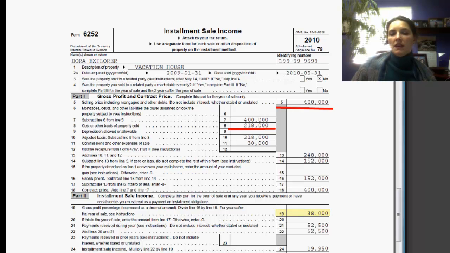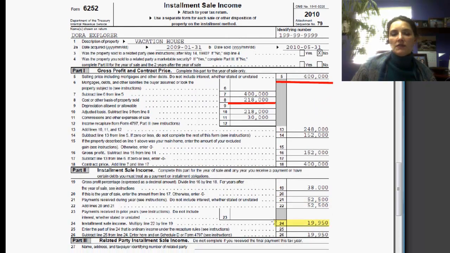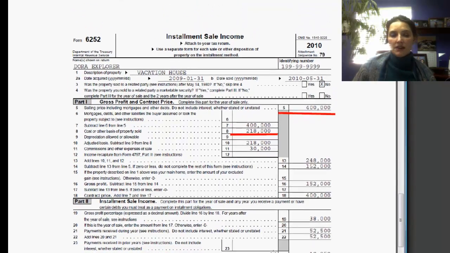We then enter the amount of payments received during the year of $52,500, and we multiply $52,500 by 38%. That gives us installment sale income for the year of $19,950. And of course, this is the amount that would carry to Form 1040 and be entered on line 13 as capital gain income.